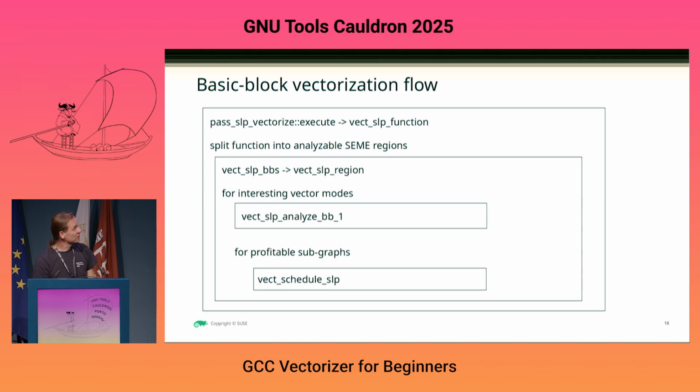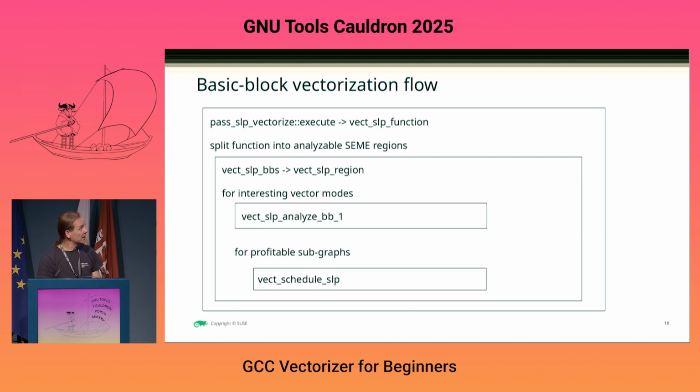For each of those regions, again, we iterate over the vector modes. We analyze the region and check whether any of the subgraphs we analyzed there are profitable, and then we eventually vectorize them.